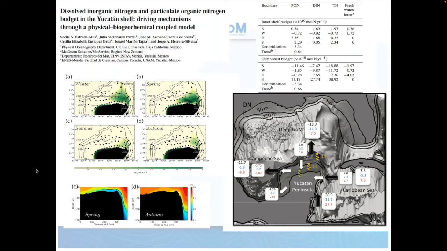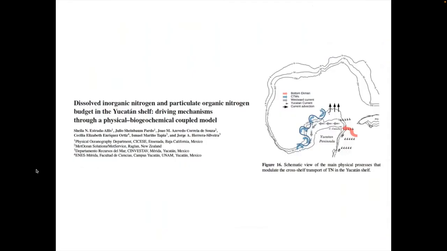This work made by Sheila Estrada and all the collaborators looked at the nitrogen balance in the Yucatan shelf and in the whole area, and if you go to the next one, please, it shows that the Yucatan shelf is exporting nitrogen through the north and through the west through several processes, on the west involving coastally trapped waves.